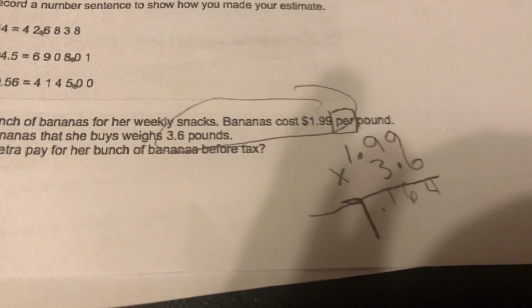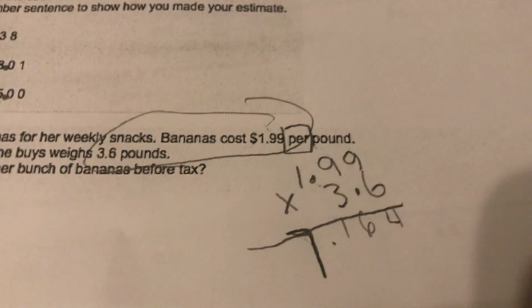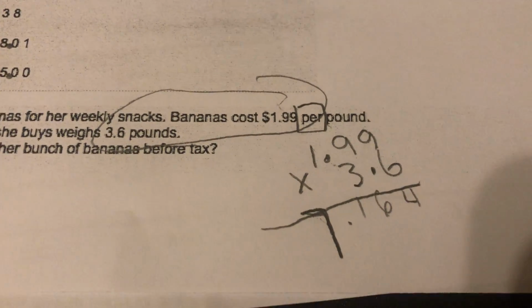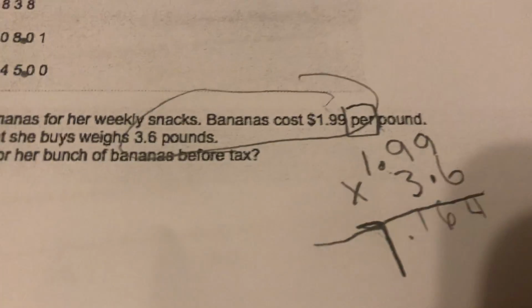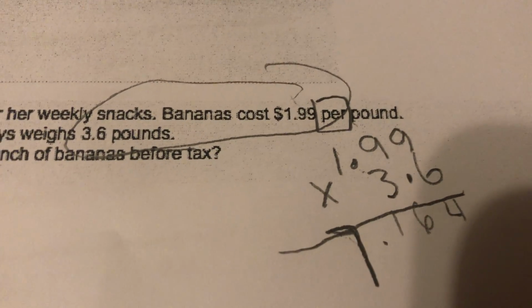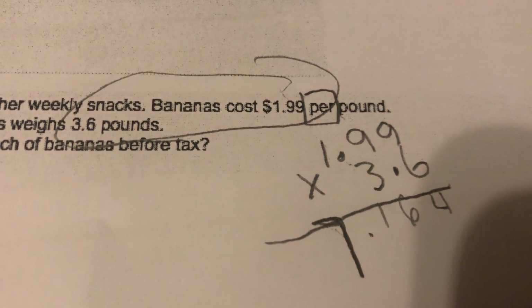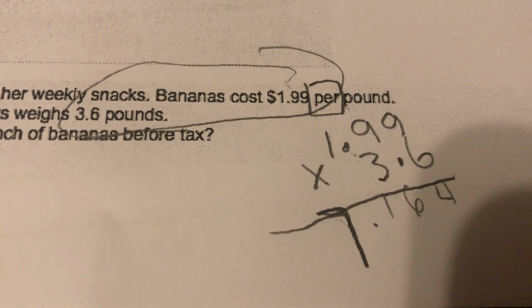Alright, I got 7.16. Let's talk about why I put my decimal in the area that I put it in. When we're multiplying decimals, we do not line up the decimals. You line up the digits to the right and multiply like normal. We then count the places after the decimal.